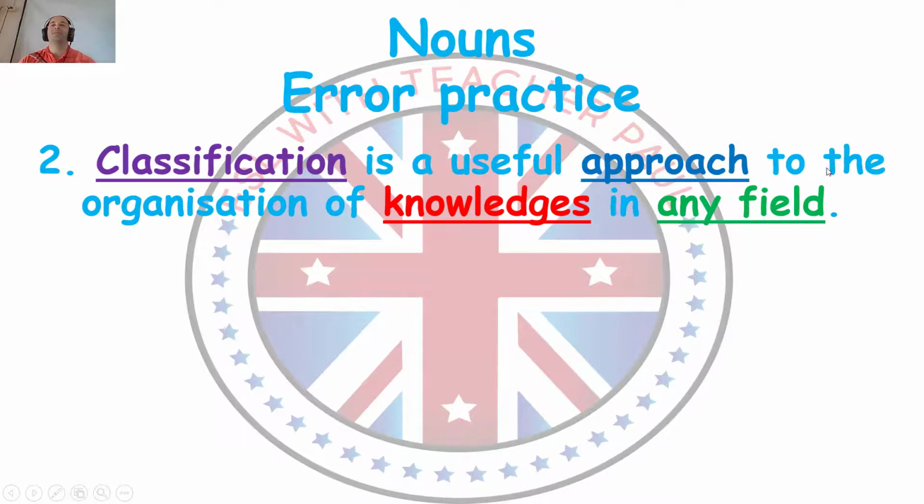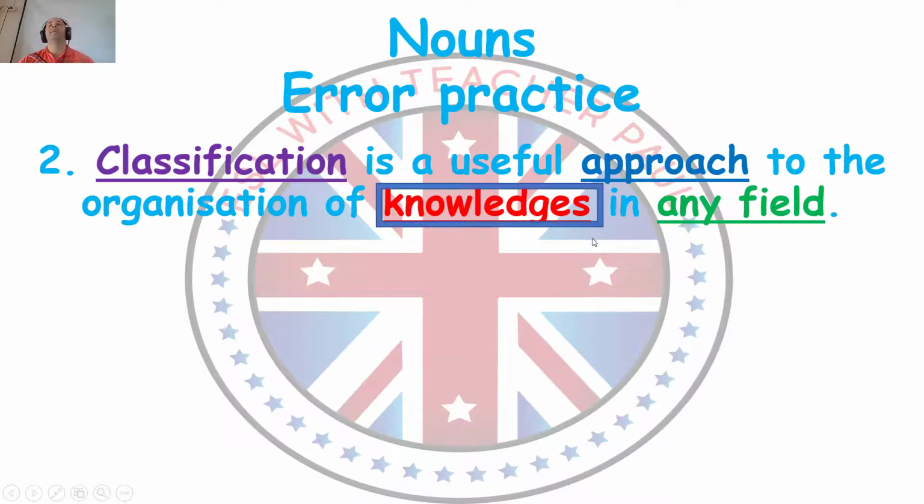So if we just look at this one, something that I see straight away is "knowledges". Okay, I know that word, knowledge, but I've never seen that word with an S, like a plural. It doesn't happen. Okay, knowledge never has an S. I know this because it's an uncountable noun.